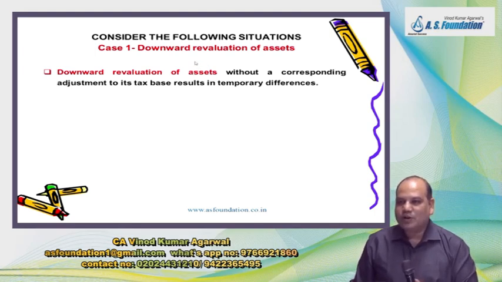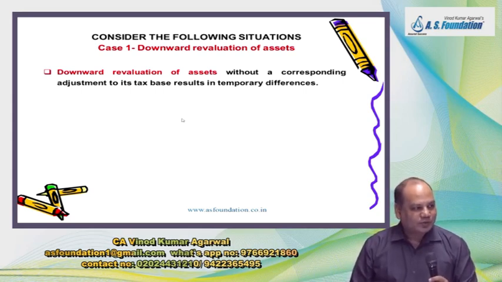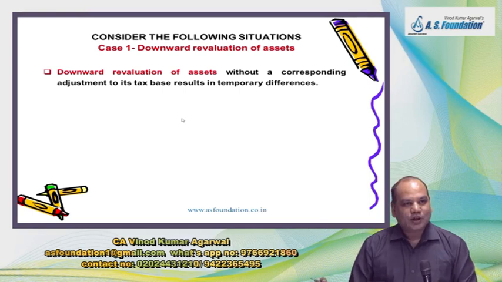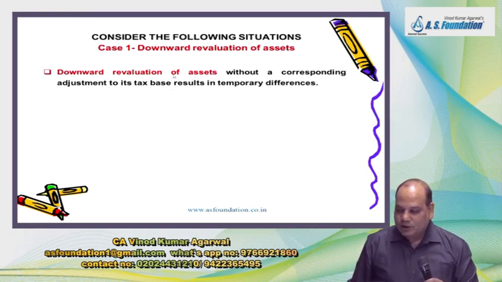Some of the property, plant and equipment was written down by so much amount. Also, it will give rise to a taxable temporary or deductible temporary difference. While preparing final accounts, give the effect of the tax difference also. Then this paragraph will be useful.